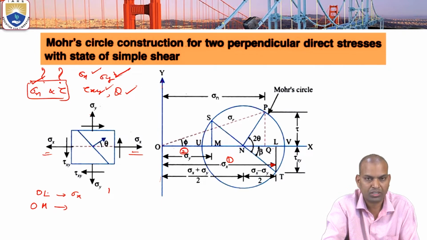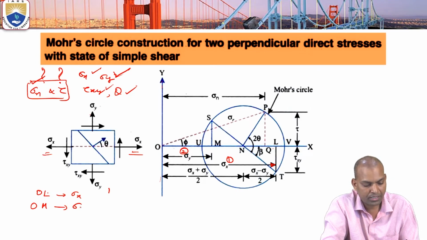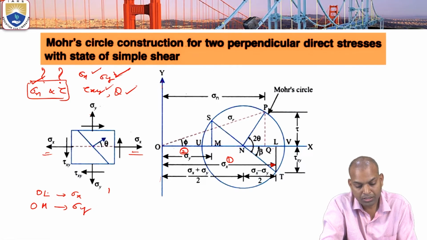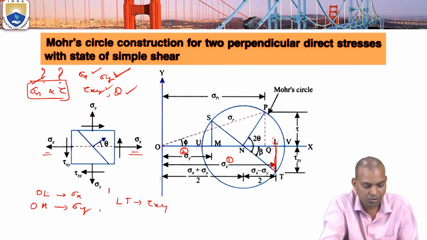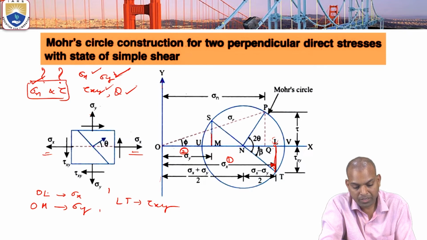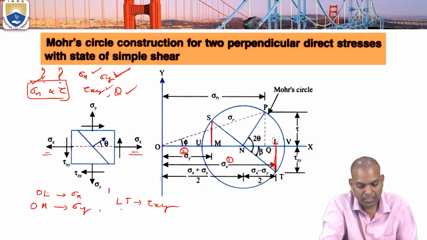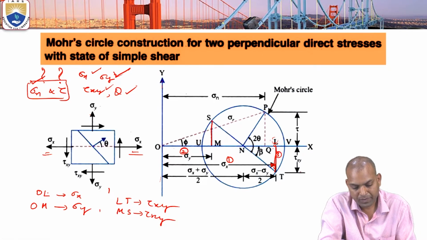This is the second step, sigma y. The third step: from L, draw a perpendicular line. That value shows tau xy, that is LT equal to tau xy. Similarly, from M to S, MS is also tau xy. That is the third step.